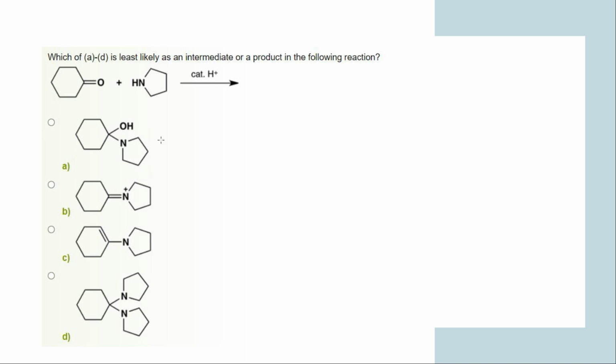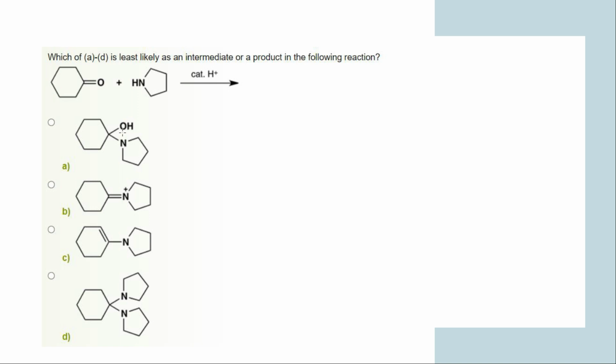So fine, now you know that option A can be formed, but in general for this reaction, the reaction doesn't stop at this A product stage. It further reacts with another acid proton. So what happens in that case?